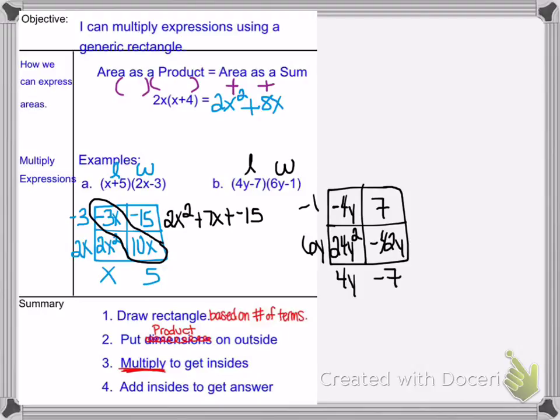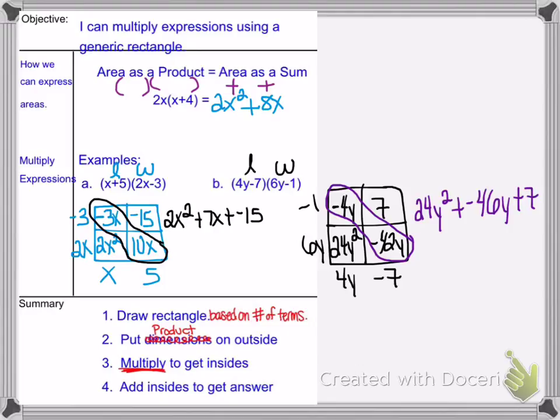Multiplying to get the 24y squared, the negative 4y, negative 42y, and the positive 7. I'm going to go ahead and combine my terms and write my area as a sum. My final answer should say 24y squared plus negative 46y plus a positive 7.